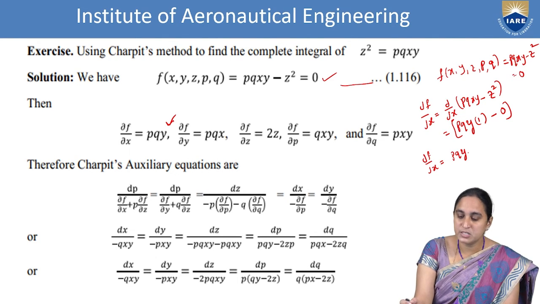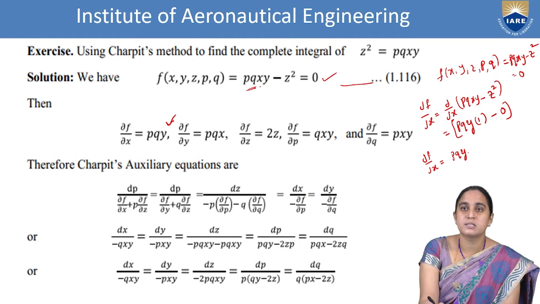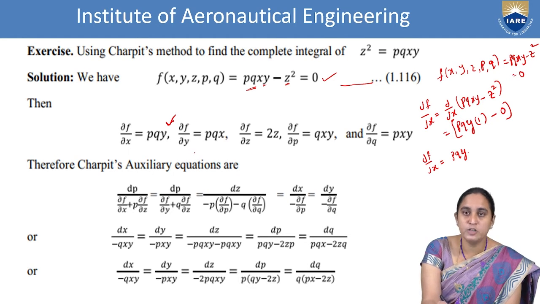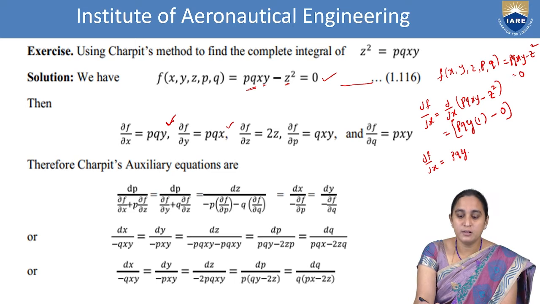The second differentiation, f with respect to y: pqx is constant, y differentiation is 1, and z square differentiation is 0. That means dou f by dou y is pqx.